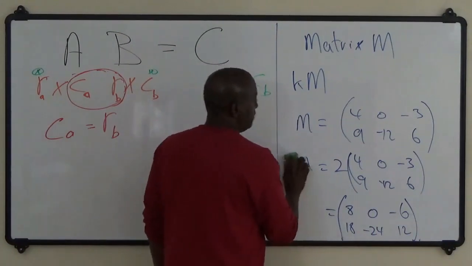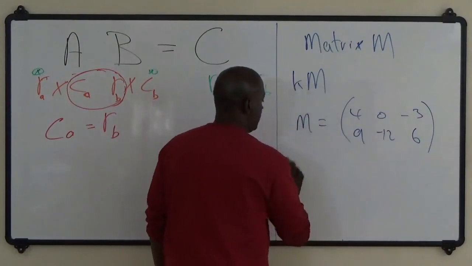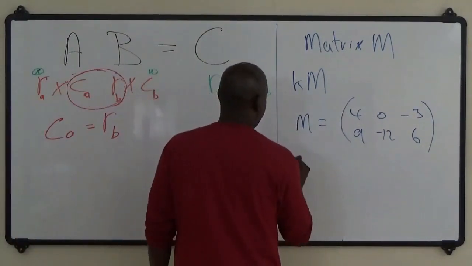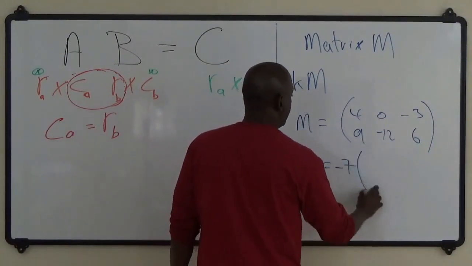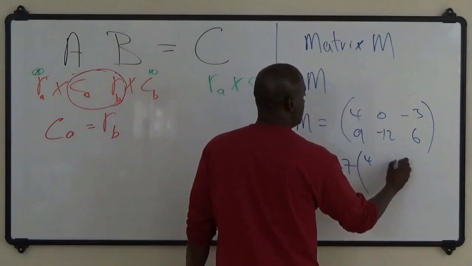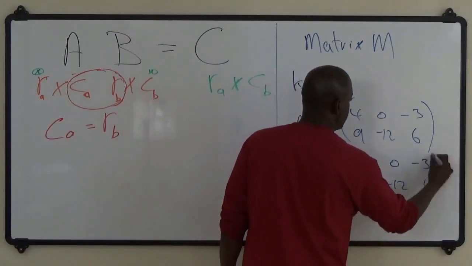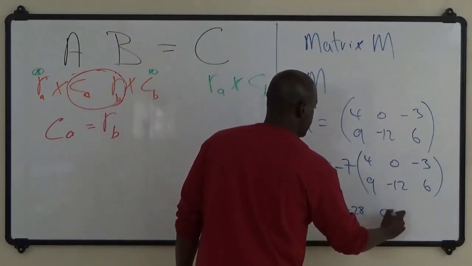Let me change it up. Let me say we want to find minus 7M. Minus 7M is equal to minus 7 by 4, 0, minus 3, 9, minus 12, 6, which would be equal to minus 28, 0.